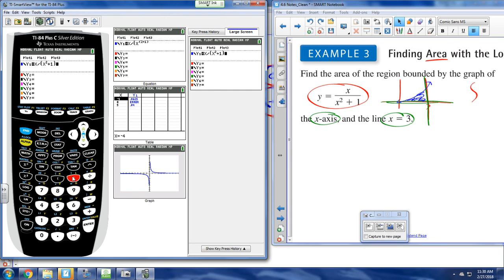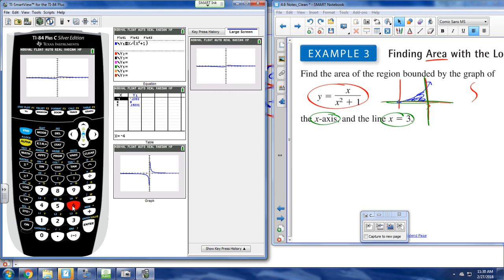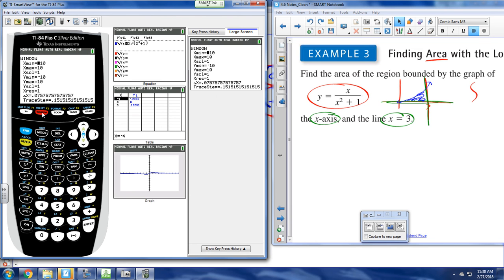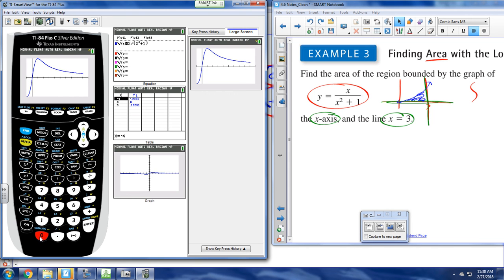If we look at a normal window, Zoom 6, we can see that my interpretation wasn't really right, but it could have been worse. Sometimes you have to spend a little bit of time working on the window, getting it to where it needs to be.